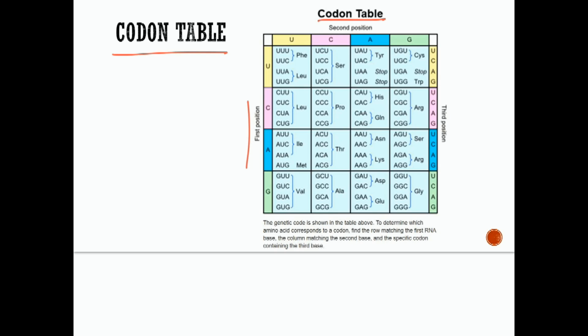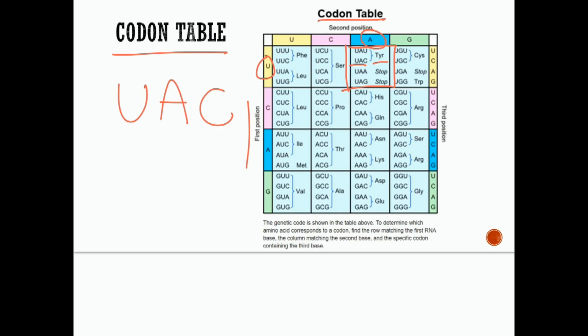So if your RNA is UAC, you'll look for the first position of U, second A, now you know you're in here, and the amino acid UAC would be abbreviated TYR.